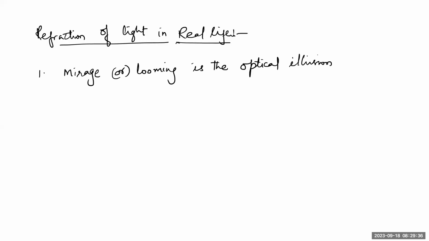If you are going anywhere, on the far distance we could see something like there is some water. But when we go near to that, there will be no water. It's an optical illusion resulting from refraction of light.